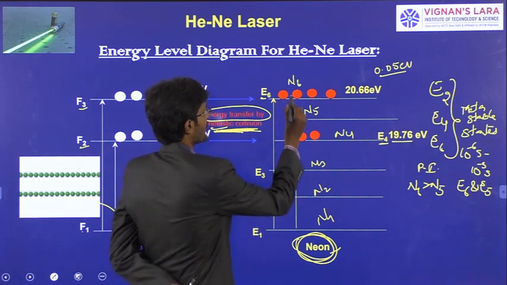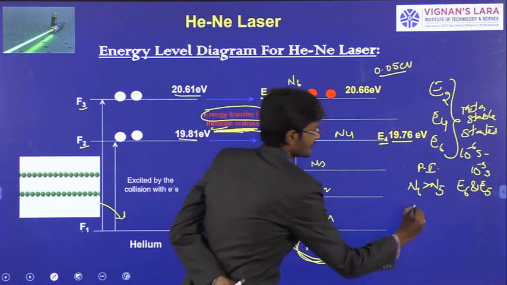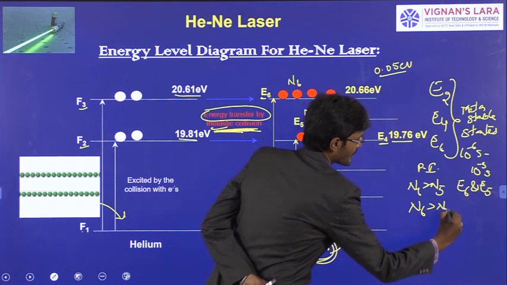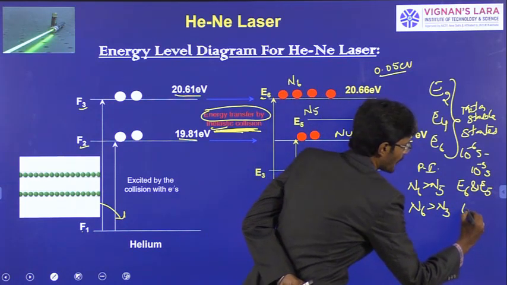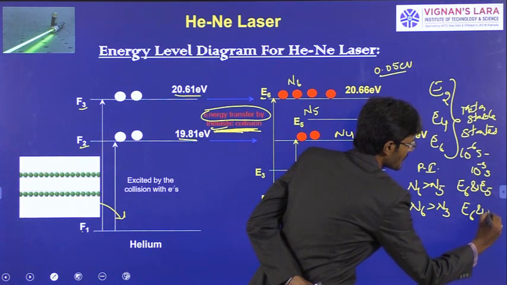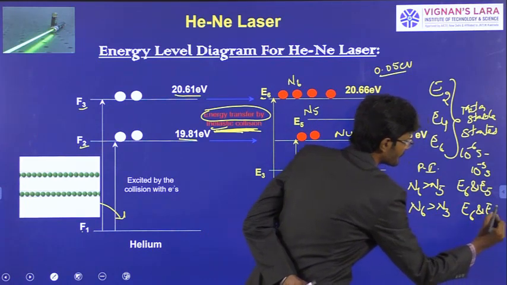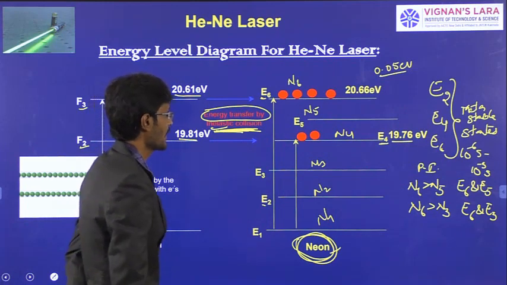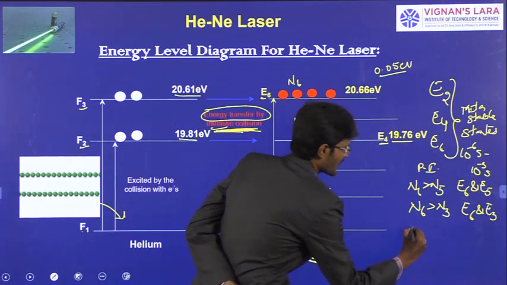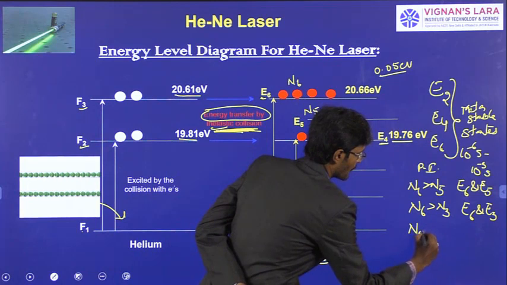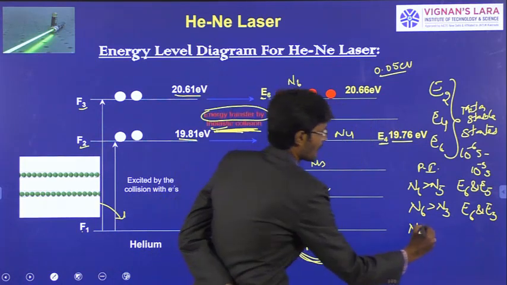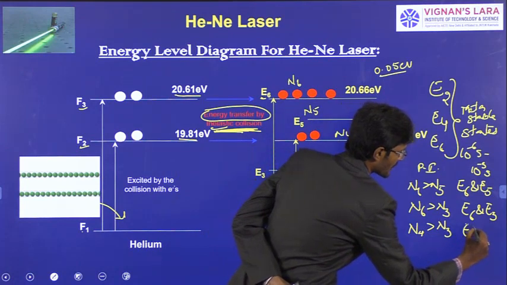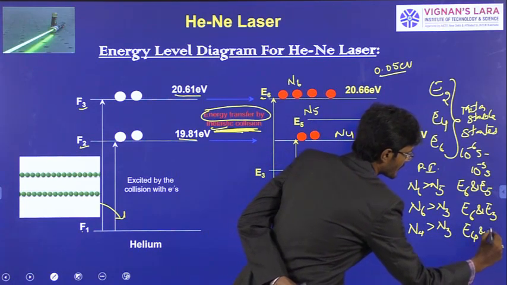If you observe, N6 is greater than N3. That means the population inversion is achieved between E6 and E3. And N4 is greater than N3, so the population inversion is achieved between E4 and E3.